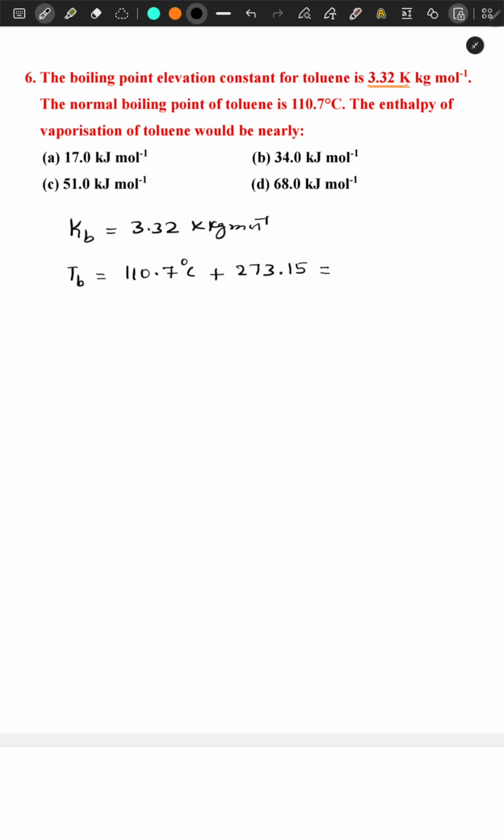So you will get 383.85 Kelvin. Then of course we need the R value, but the R value is not given. So you have to recall it yourself: 8.314 joule per mole per Kelvin. That is the R value. And the molar mass of toluene. The toluene formula is C7H8.